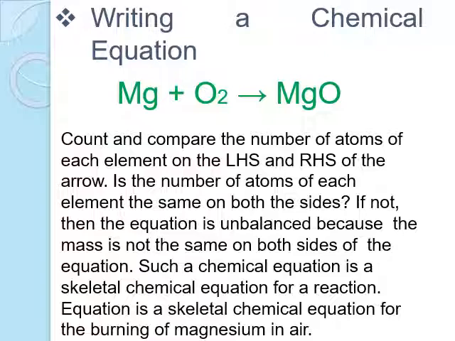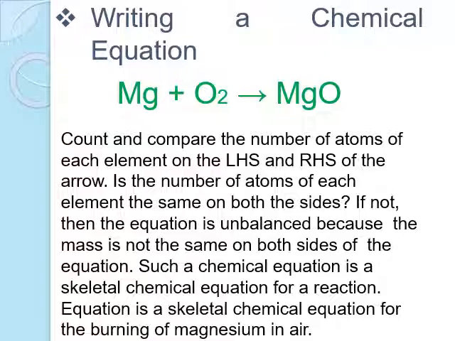Now, what we have to see is to count and compare the number of atoms of each element on the left hand side and on the right hand side. Magnesium on the left hand side is 1, on the right hand side 1. Oxygen is 2 on the left hand side. There is 1 oxygen atom on the right hand side. So we have to check, is the number of atoms of the element on both sides the same?